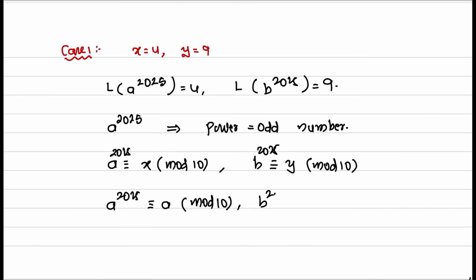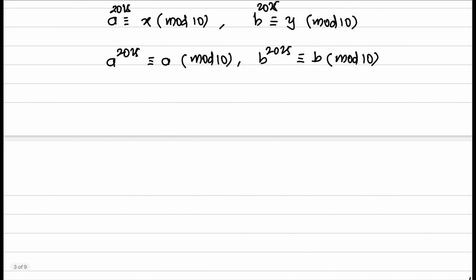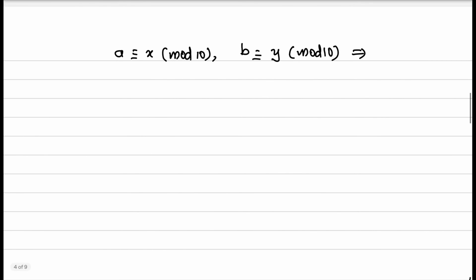And b to the power of 2025 is equivalent to b mod 10. That shows a is equivalent to x mod 10, b is equivalent to y mod 10. Please try to understand these steps.